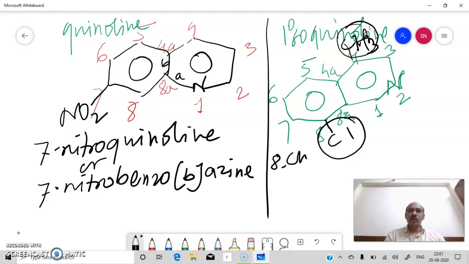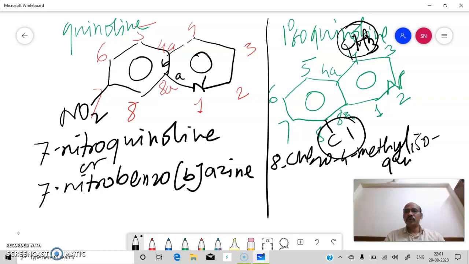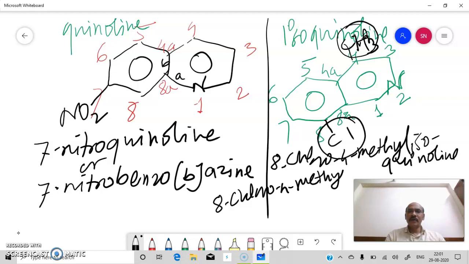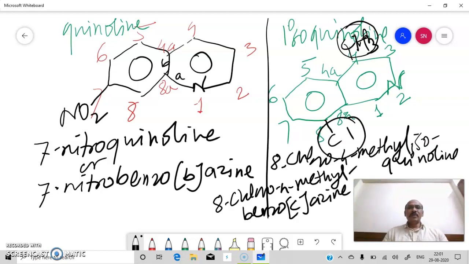So 8-chloro, 4-methylisoquinoline. Alternatively, we can name it as 8-chloro, 4-methylbenzo C azine. So that is about the first two examples.